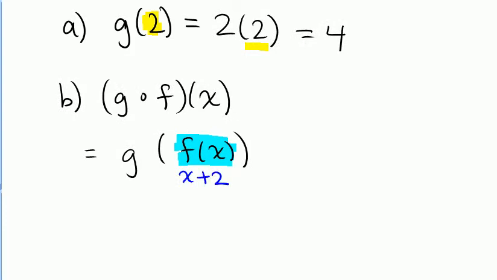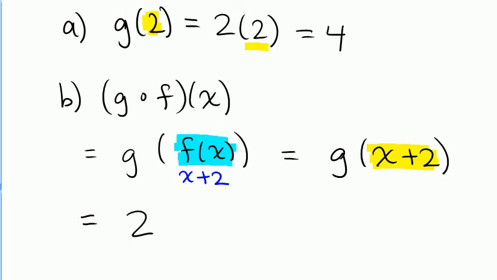So what we're really looking for is g of x plus 2. That is something that we have done in the past. G of x plus 2 means take the x plus 2 and plug it into the g function, just like we did for part A. So we are finding 2 times x plus 2. When you distribute, you get 2x plus 4.